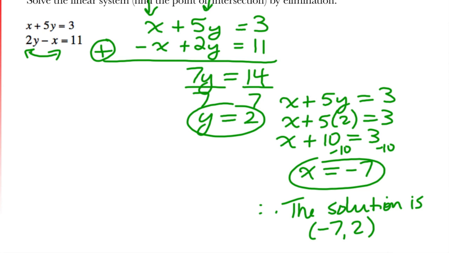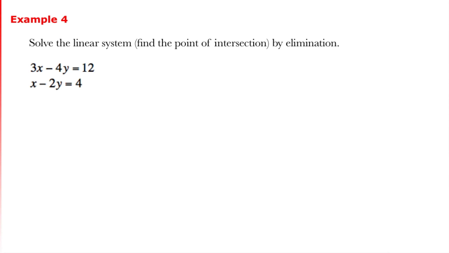The final example that we will do before the homework starts is to look at this one. This one is a really good example. So I really want you to look at this one because the coefficients of the x's and the y's are not the same. So you're going to have to mess around with this one a little bit and make both x's be 3, or you could make both y's be 4, because those two numbers, top and bottom, need to be the same if you want to eliminate x, but if you want to eliminate y, the 4 must also be a 4 on the bottom.